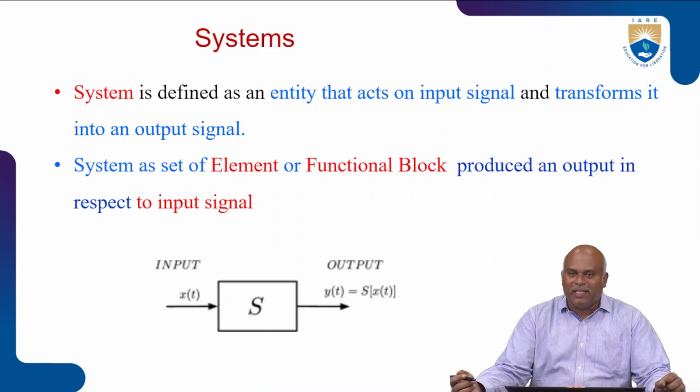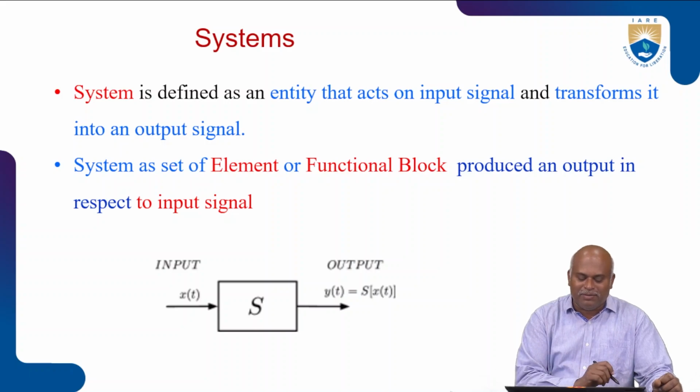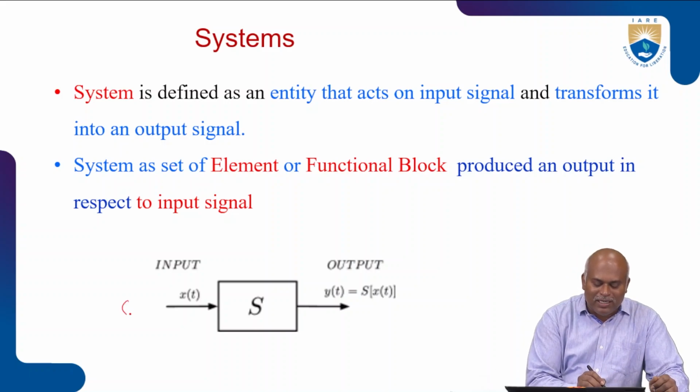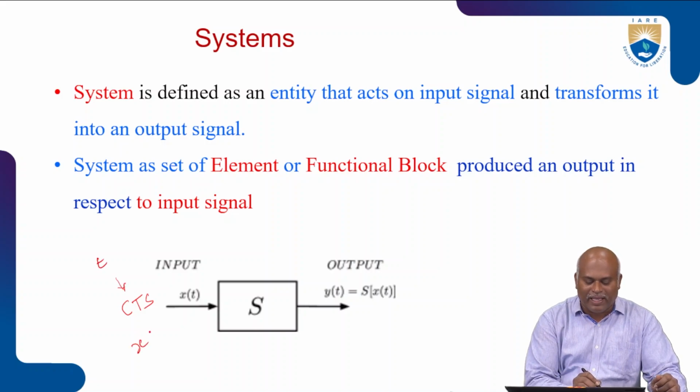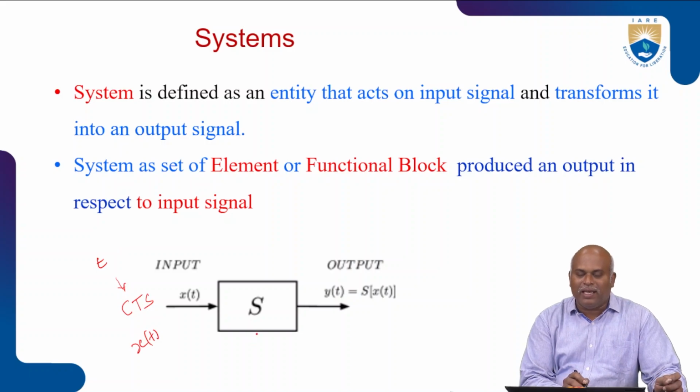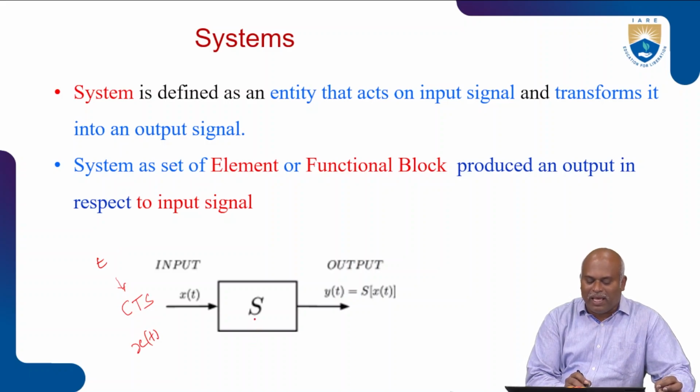For the example system, I take a continuous time signal. That means it represents a time-based signal, called x of t. We pass it through the system, the functional block, represented as S, and it produces the output, represented as y of t.